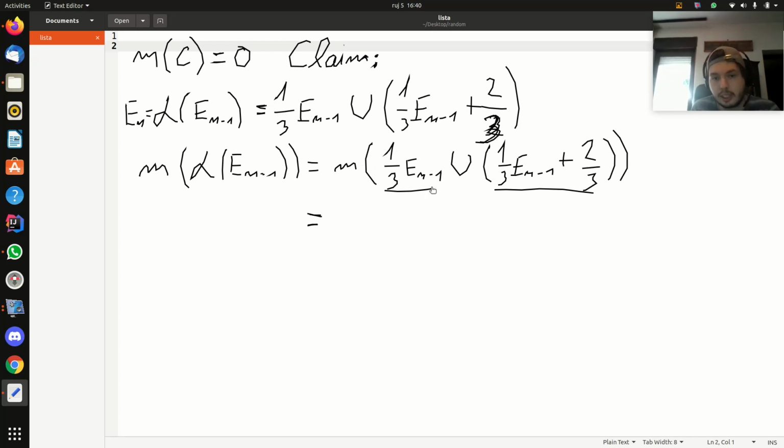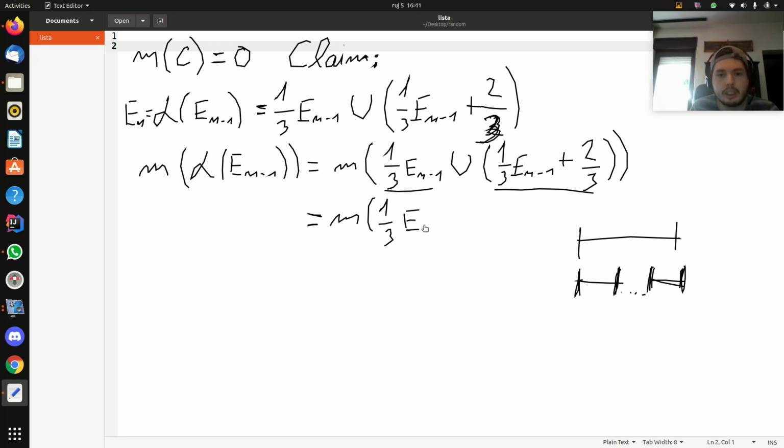So these are going to be disjoint, because you have a set, you shrink it down to a third, and then you translate it by 2/3. So we have that these two sets are going to be disjoint, meaning that we can simply do this by additivity.